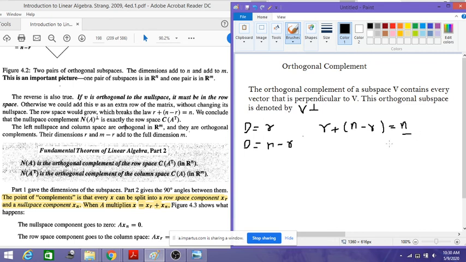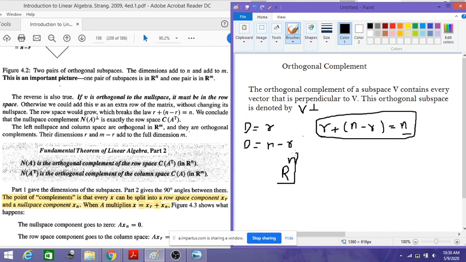That is why, if you look at the previous diagram that we had written, the row space and the null space are in the subspace R power n. So that is how R power n comes into effect: the full dimension.